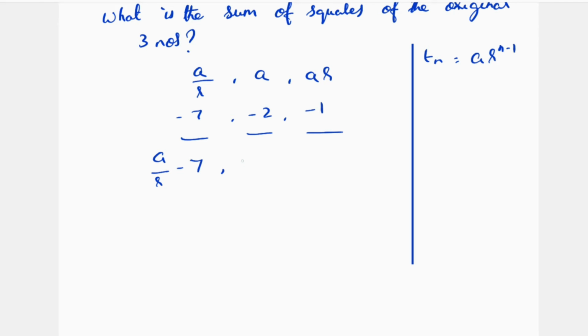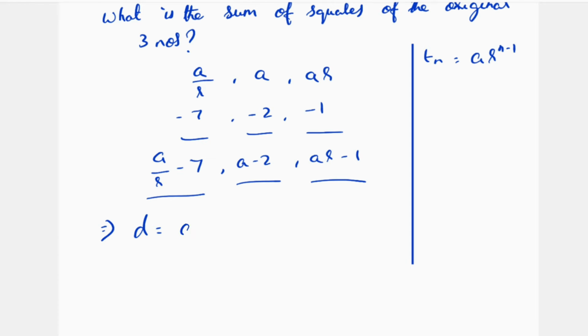A by r minus 7, a minus 2, and ar minus 1 is in arithmetic progression. What does that mean? It means that they have a common difference. The difference between the second term a minus 2 and a by r minus 7 should be equal to the difference between ar minus 1 and a minus 2. So that is what it means. There is a common difference.